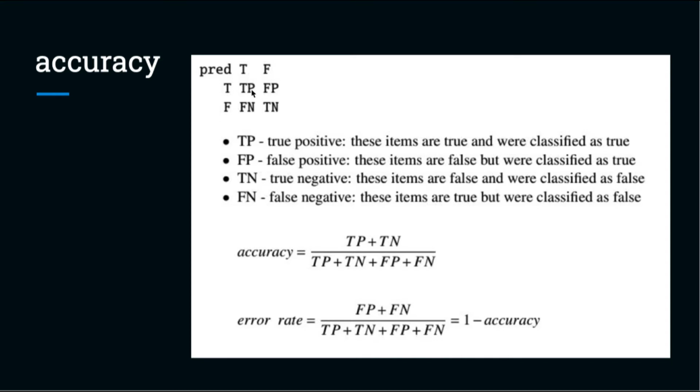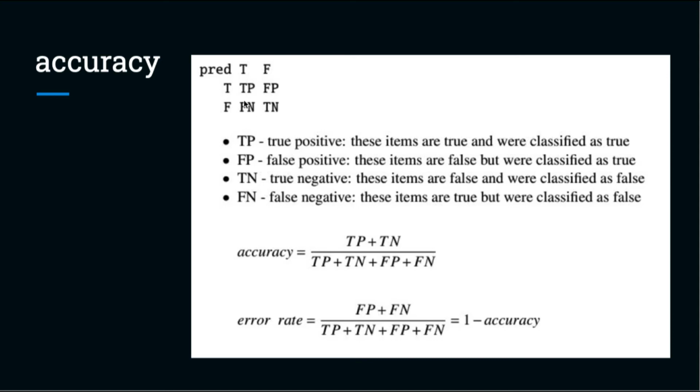The true positives are items that were really of the positive class and classified that way. False positives are false but classified as true. The true negatives are items that are false and classified as false. And the false negatives are items that are true but classified as false.